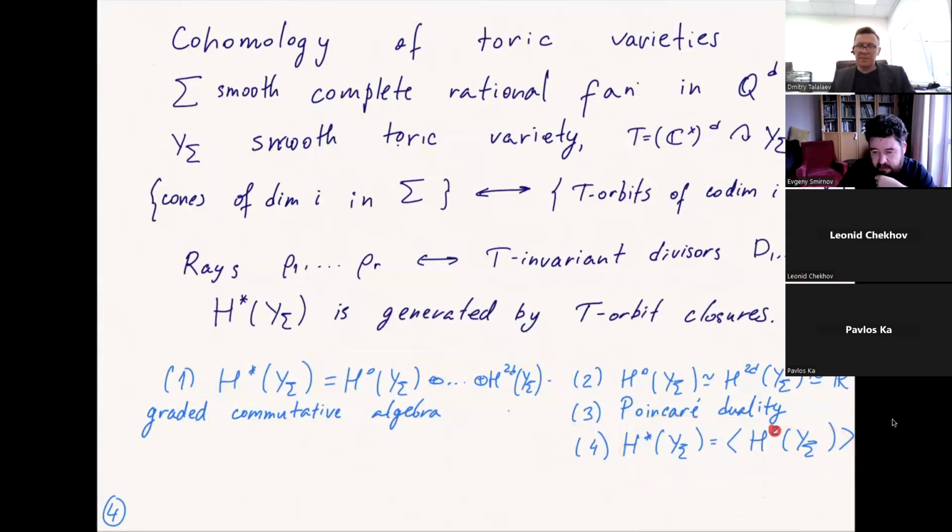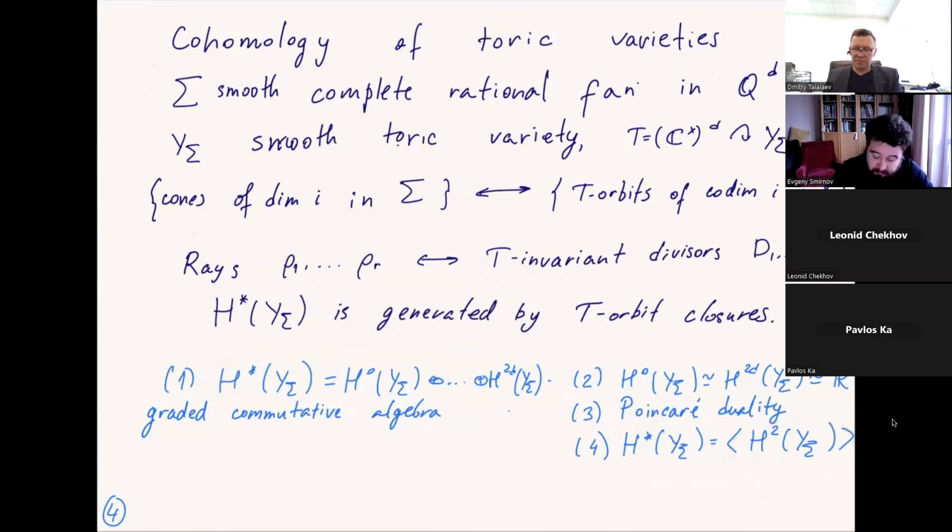Here I write H2 because I'm dealing with complex varieties, and their cohomology rings form commutative algebras, not supercommutative ones. There's nothing in the odd components.